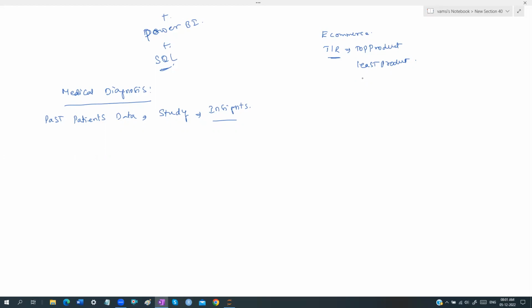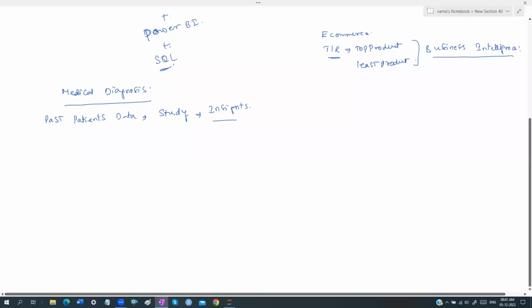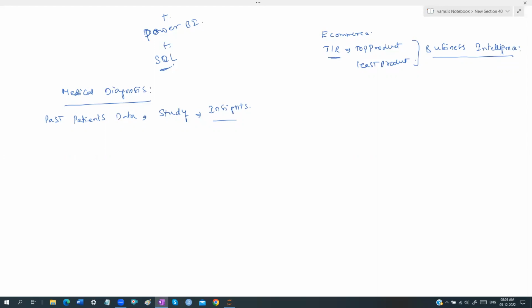That kind of analysis was done with the help of a technology we used to call business intelligence. As of now, business intelligence is almost an outdated technology, guys. Nowadays we are coming up with new technologies and names, but business intelligence is outdated. That is what we used to do earlier, but as of now it is not like that.